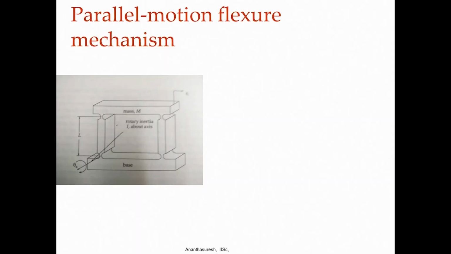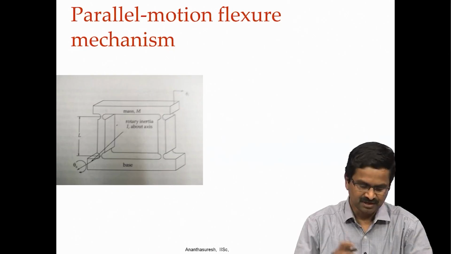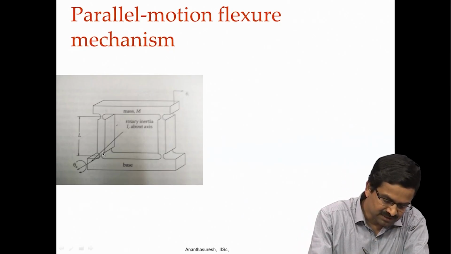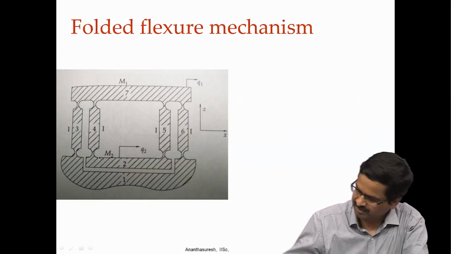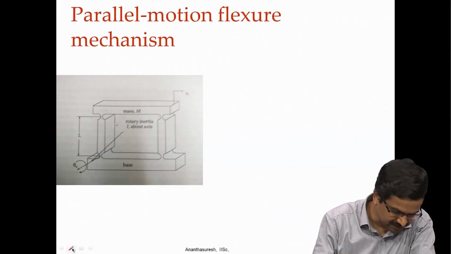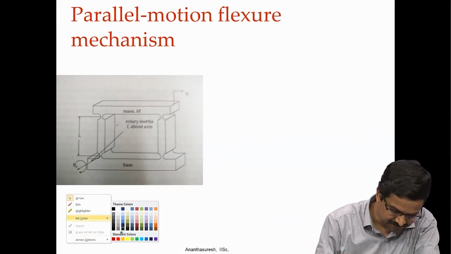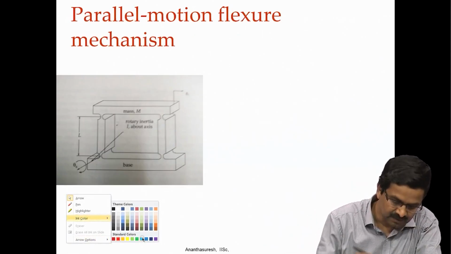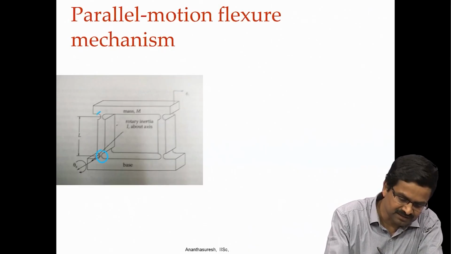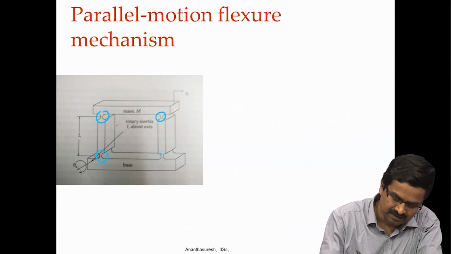So, let us look at the slides and see that we have this parallel motion flexure mechanism that we had discussed in the last couple of lectures. Once again we have these flexures over here, 4 joints, right.